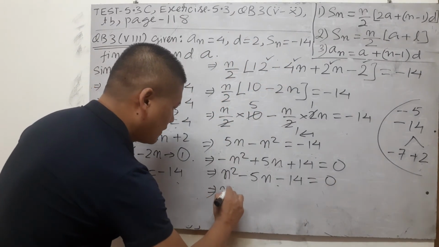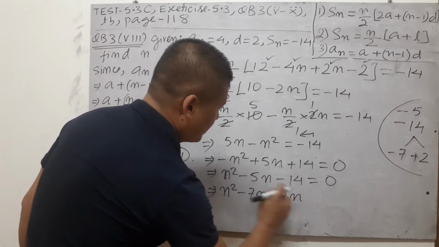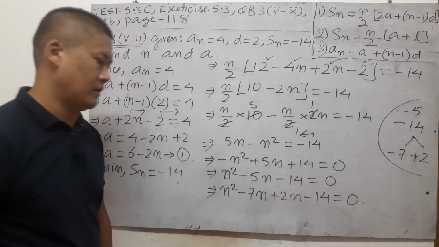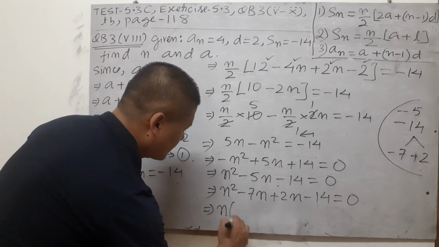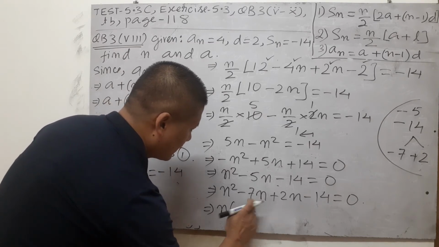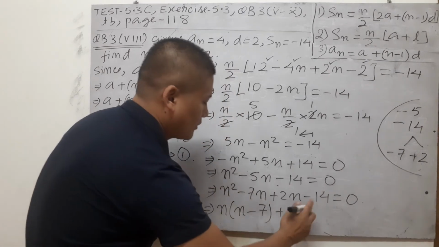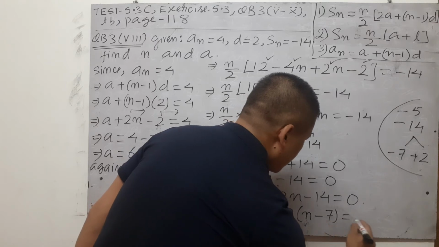So here, n square minus 7n plus 2n replacing minus 5n minus 14 equal to 0. And take the first two terms, and the highest common factor is n, so n into n square minus n has gone out, so n minus 7 plus 2 common factor of these two into n minus 2. 7s are 14 equal to 0.